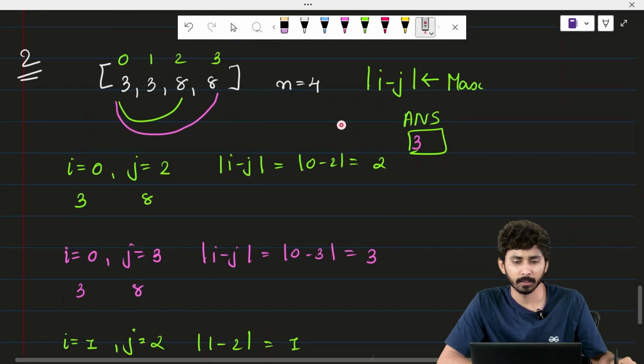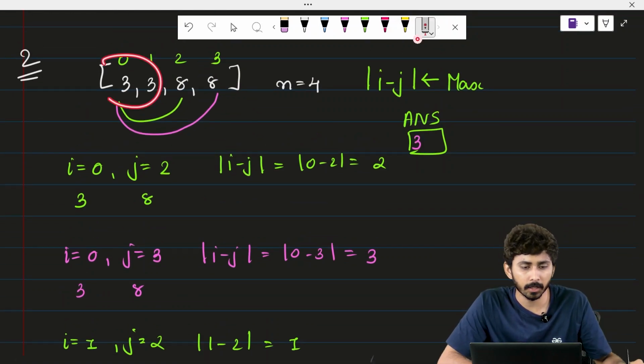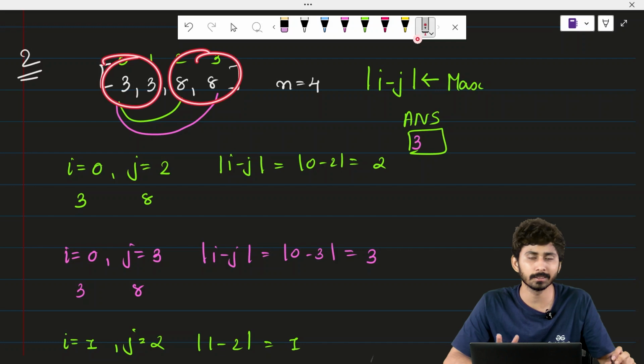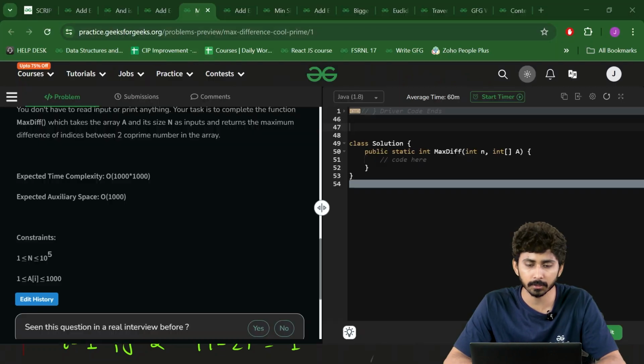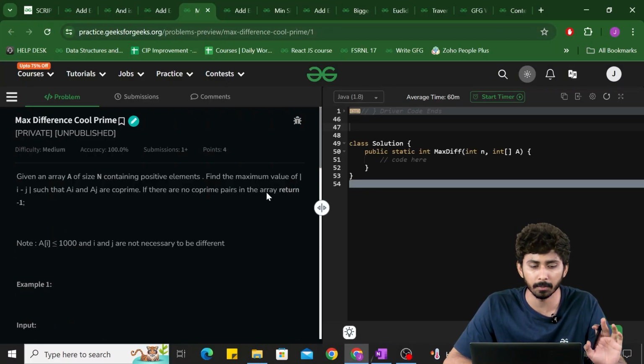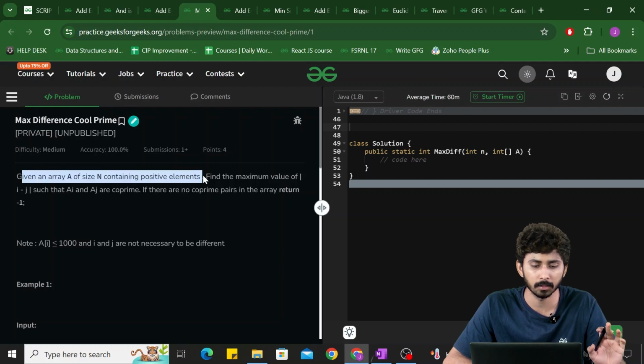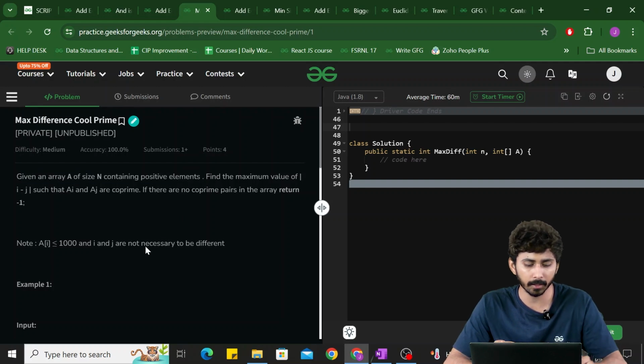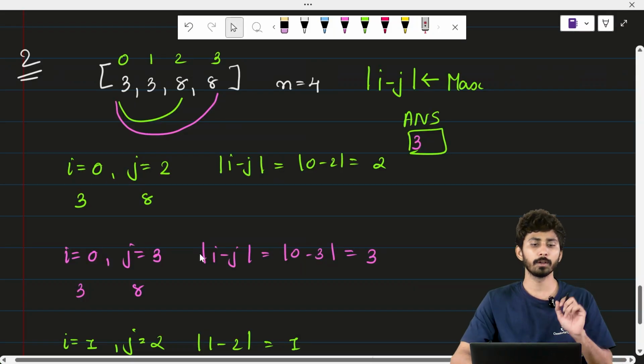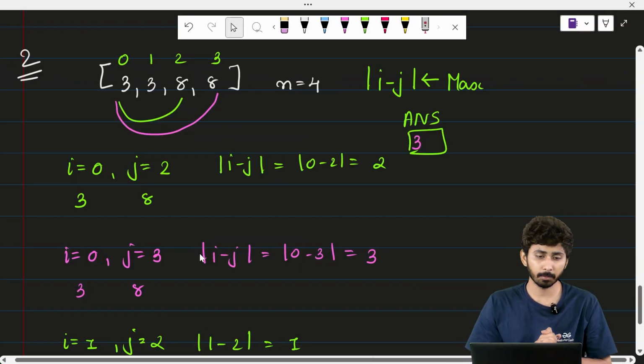Can you observe anything? See, if there are duplicate elements, and the question says that there can be duplicate elements. It has not been mentioned that you will be getting all unique elements. Given an array of size n containing positive elements, it is not saying that you will get only unique elements. Now, I have taken the example in which duplicate elements are possible.